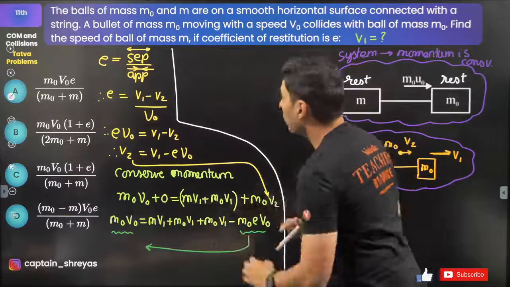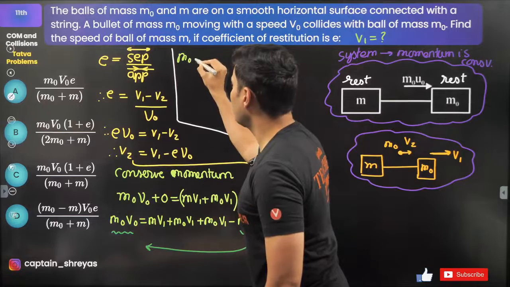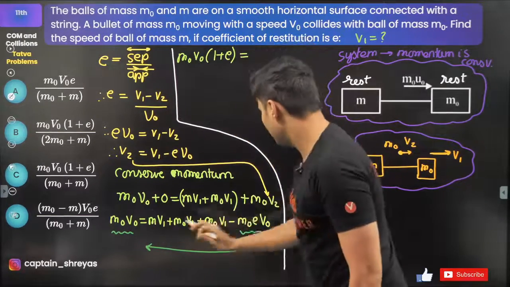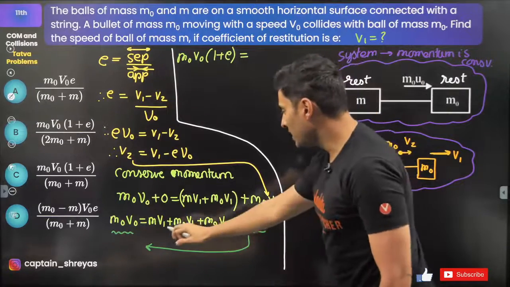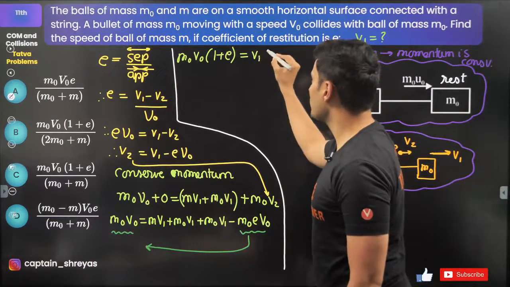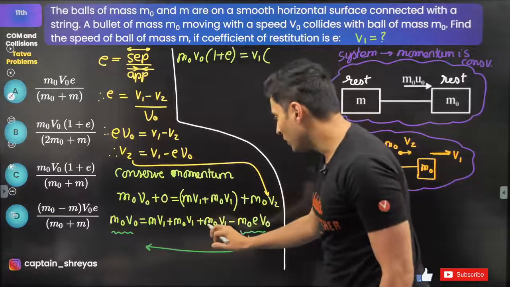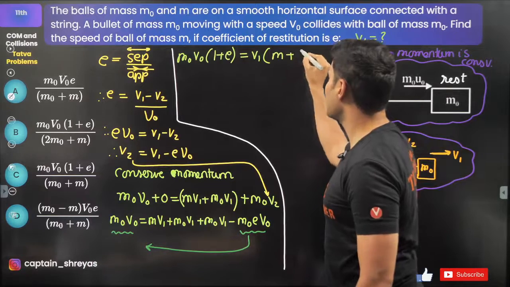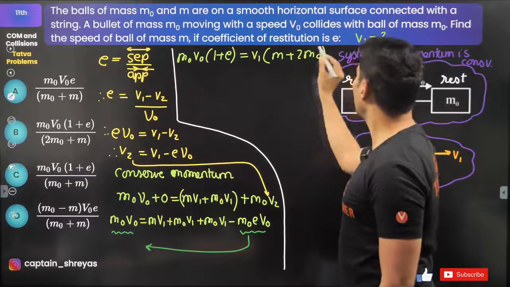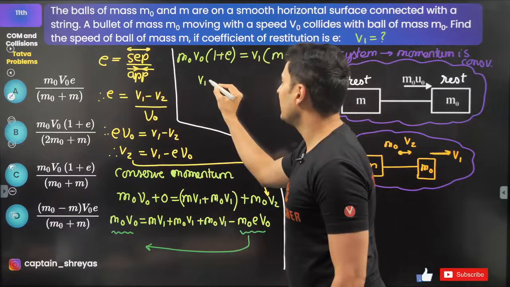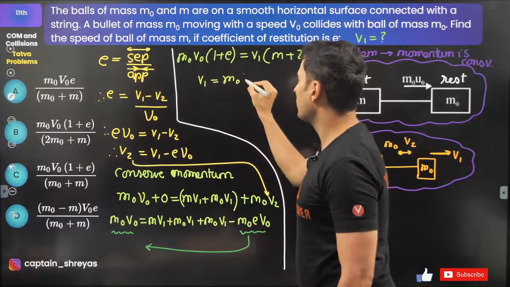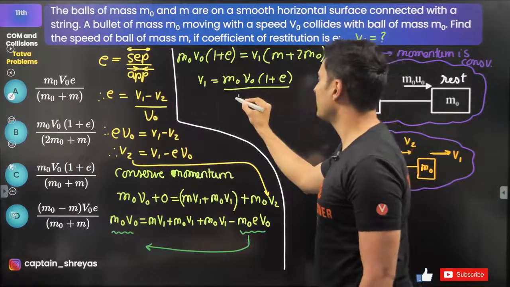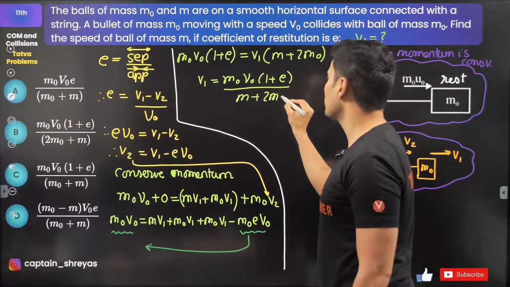M naught and V naught are both common, so 1 plus E will be there. And here V1 is common, with m, m naught and m naught, and m naught plus m naught is 2 m naught. So it will be m plus 2 m naught. I had to find V1, so V1 will be m naught v naught, or u naught, times 1 plus E, the whole thing divided by m plus 2 times m naught.